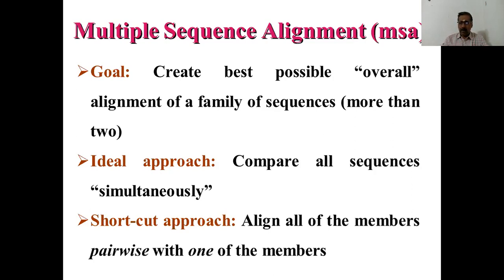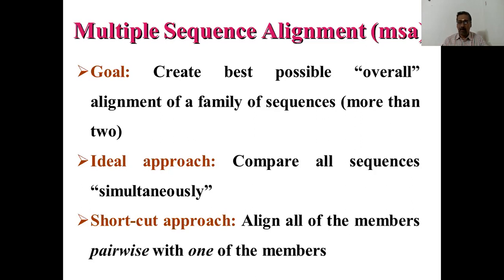So what should be the goal? In order to create the best overall alignment of a family of sequences, you may be in a position to cluster 10 sequences or 20 sequences or whatever it may be. So you want to have the best possible overall cluster of sequences.